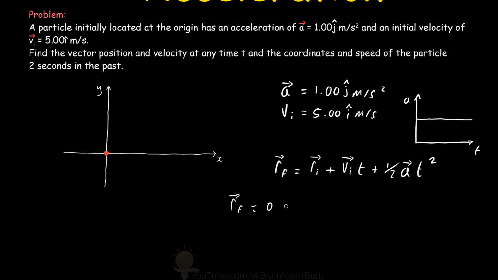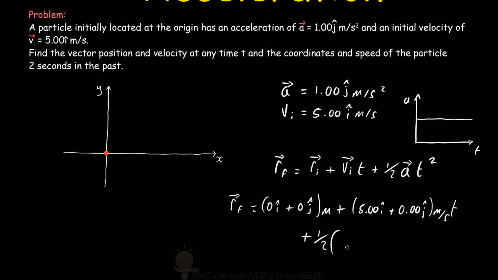So we have 0 i plus 0 j meters, where i is the unit vector along the x-axis and j is the unit vector along the y-axis, plus the initial velocity, and we can break this up again into its i and j components: 5.00 i plus 0.00 j meters per second multiplied by time, plus half the acceleration, which is equal to 0 i plus 1.00 j meters per second squared multiplied by time squared.